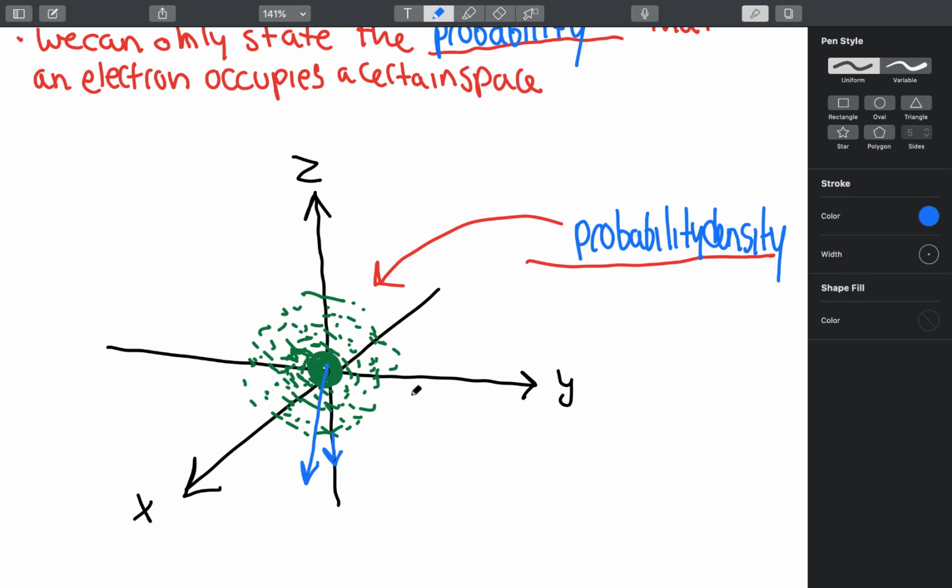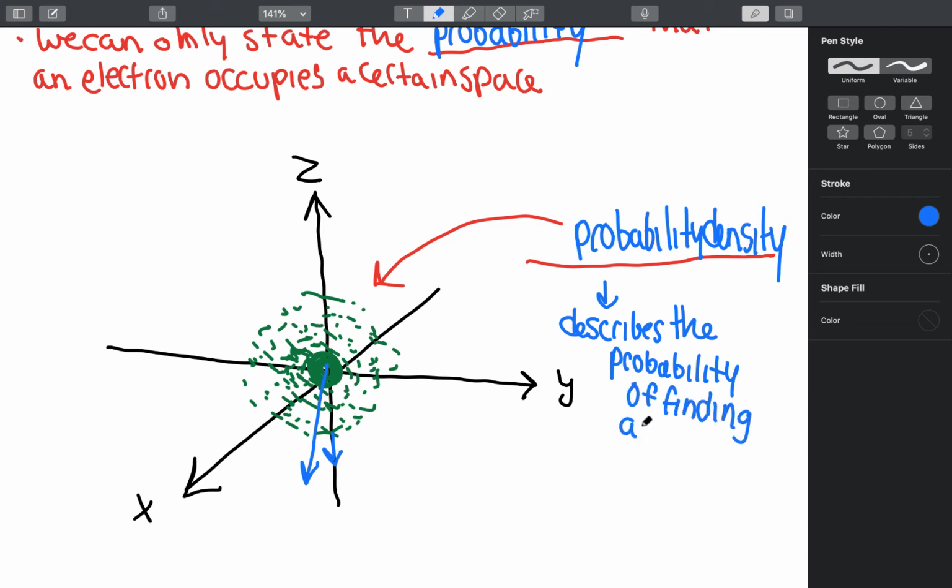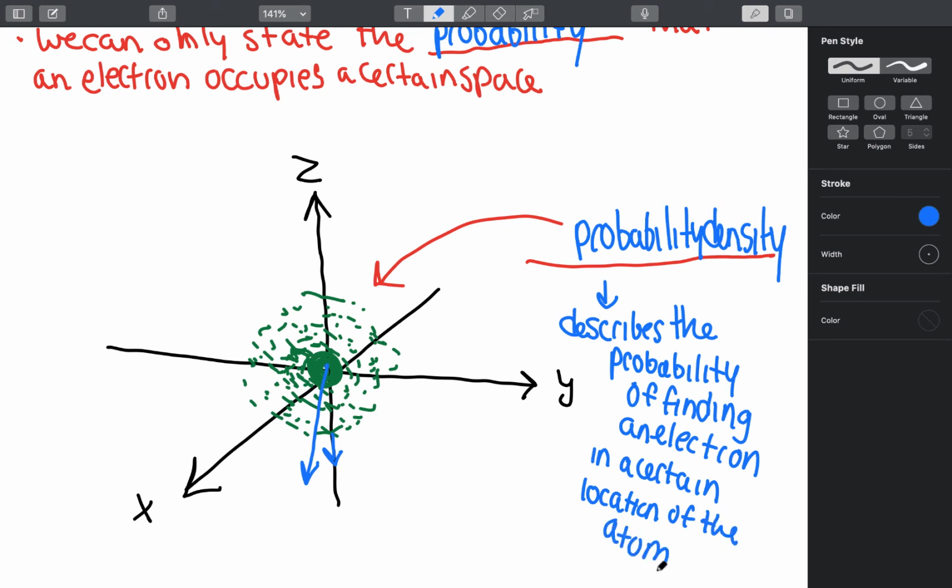The probability density basically describes the probability of finding an electron in a certain location of the atom.